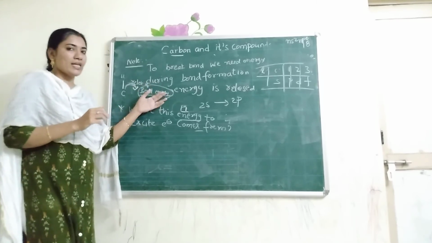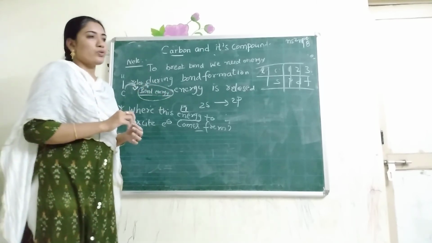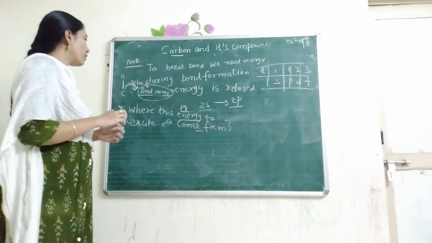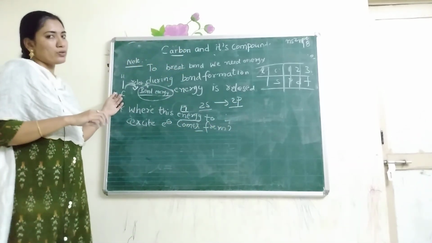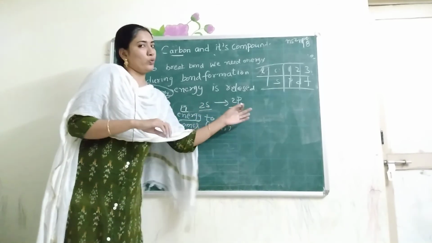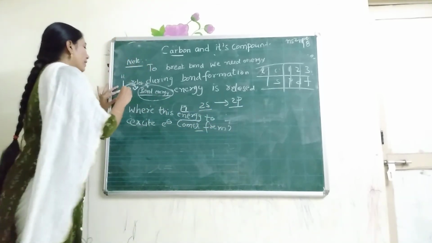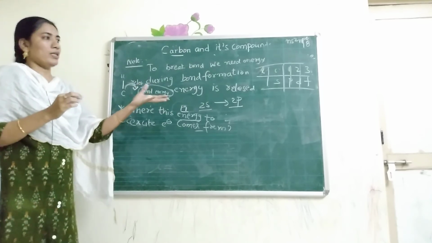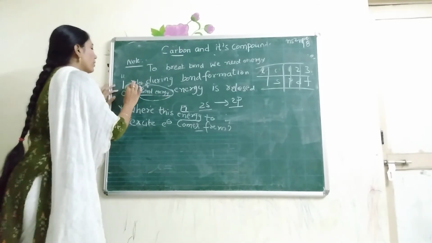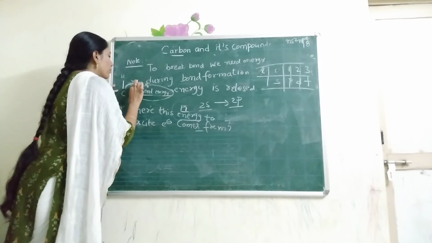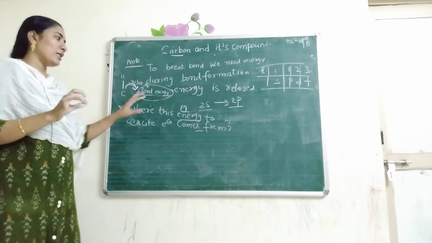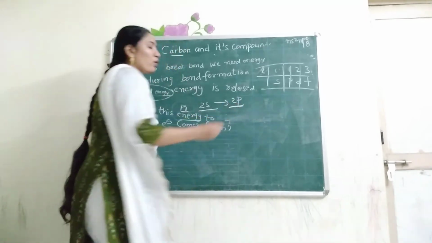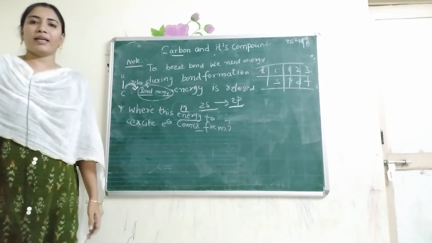This bond energy is used to excite an electron from 2s to 2p. I am discussing carbon here, so I am saying 2s to 2p. Whenever the carbon forms a bond with hydrogen or any other atom or element, there is a release of bond energy. This energy is used to excite an electron from a lower level to a higher level.